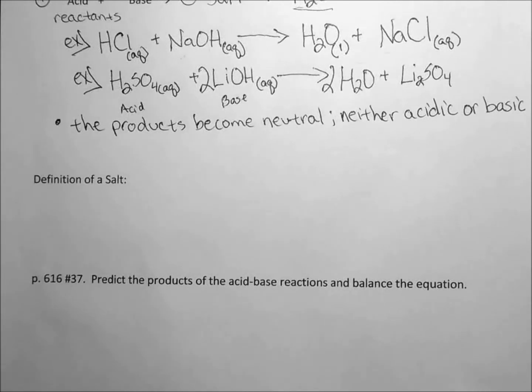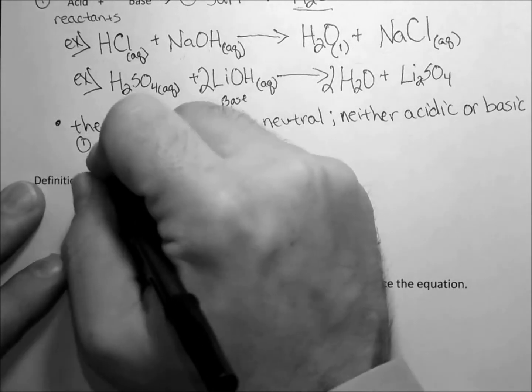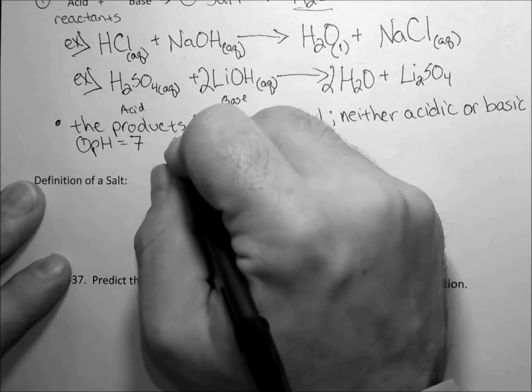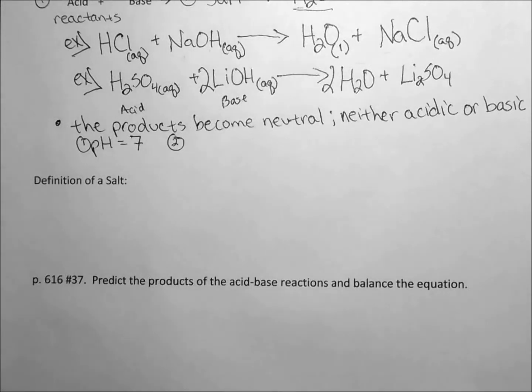What's one property of a solution when it's neutral? pH is 7. You have a pH equal to 7.